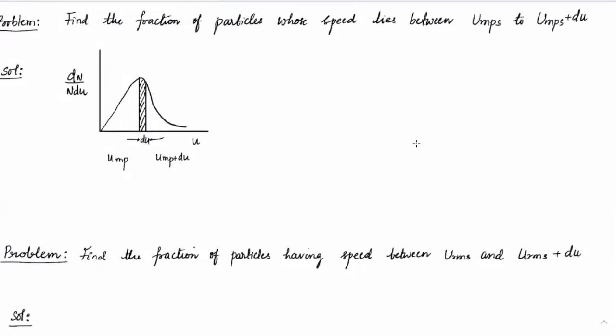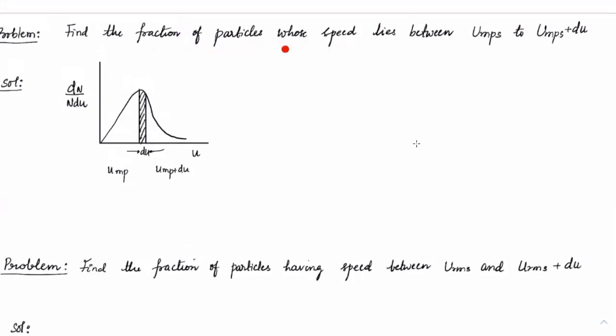Check out this question now. Find the fraction of particles whose speed lies between u most probable and u most probable plus du. This year it was made even more complex by adding a fraction here. I'll show you one of the questions like that.